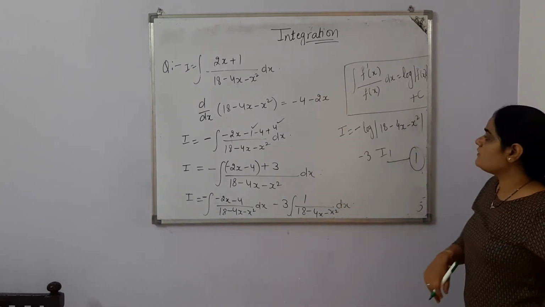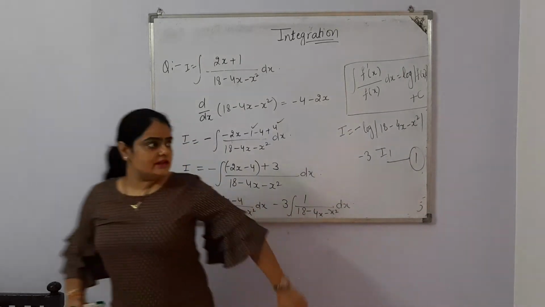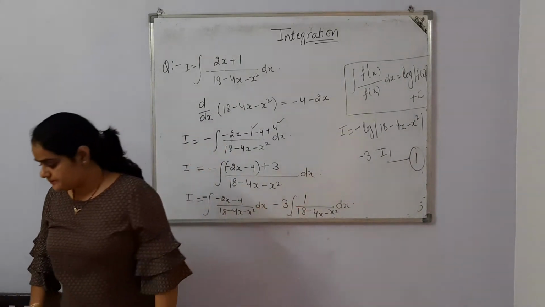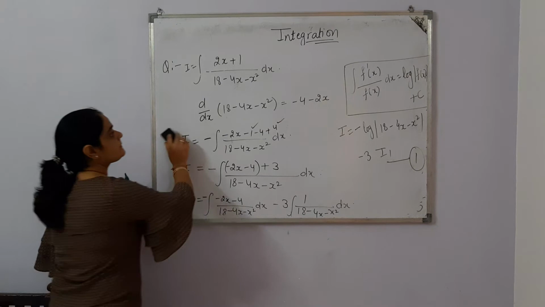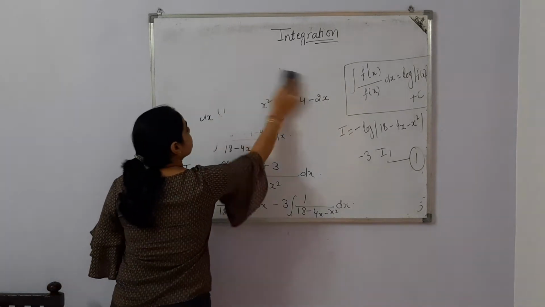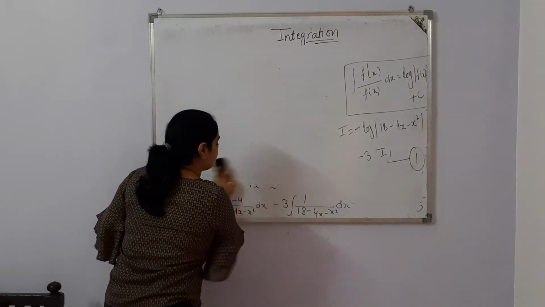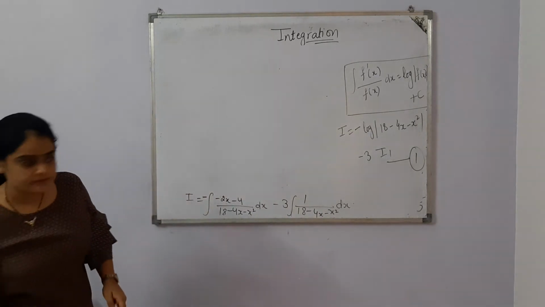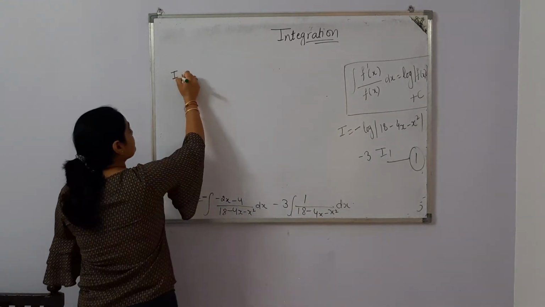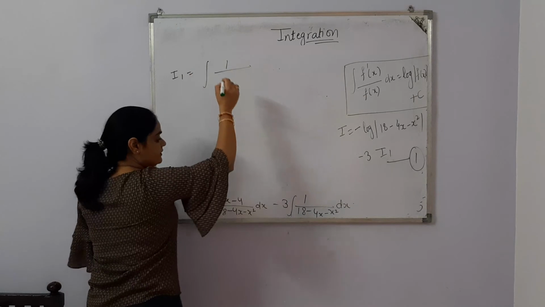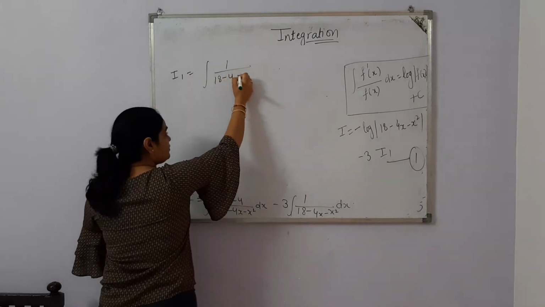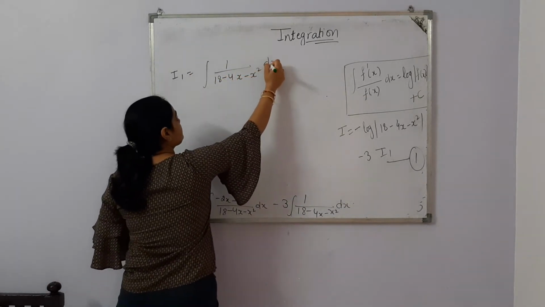Take it as 1. Now we need to solve I1. Now what is I1? I1 is the integral of 1 upon 18 minus 4x minus x square dx.